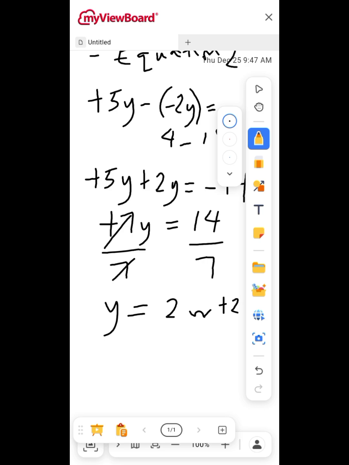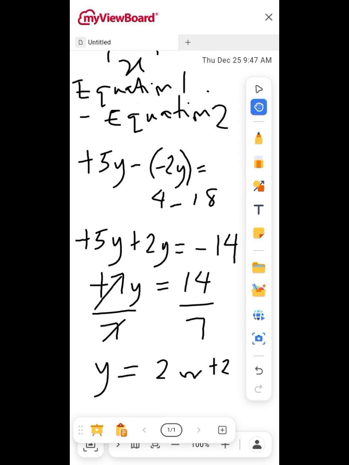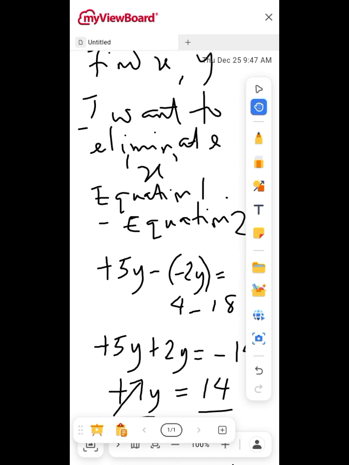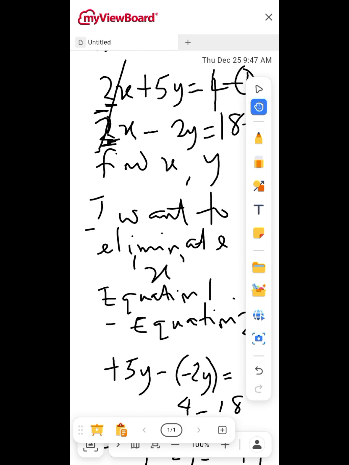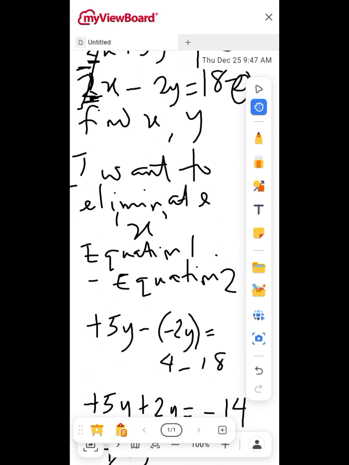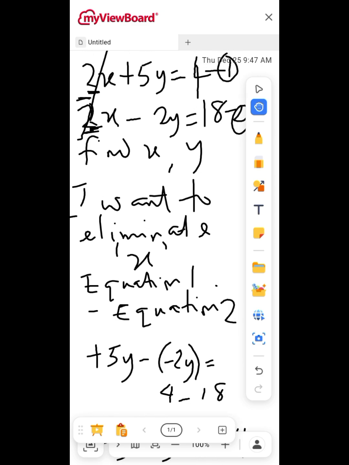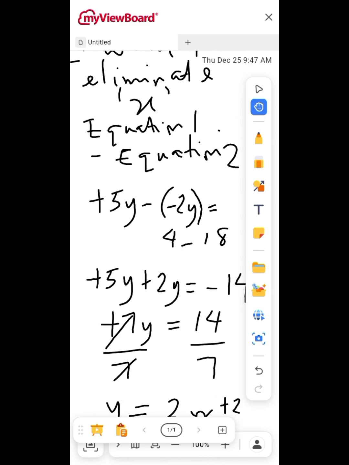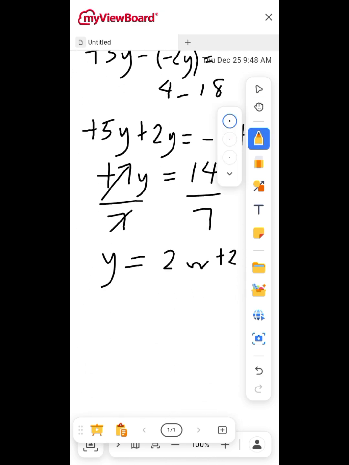Now, having gotten your y, like I told you, the aim of any simultaneous equation is to get your values of x and y. Having gotten your y, you now substitute your y in any of the equations, whether equation 1 or equation 2. Let us use equation 2. You now put y equals 2 in equation 2 to be able to get x.